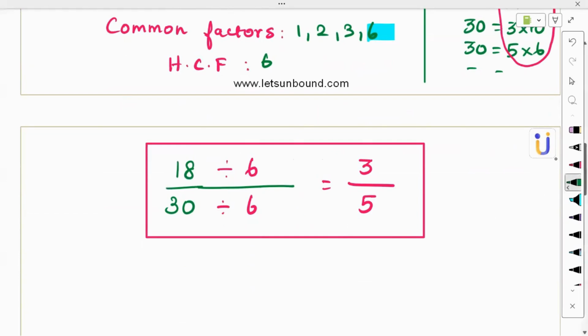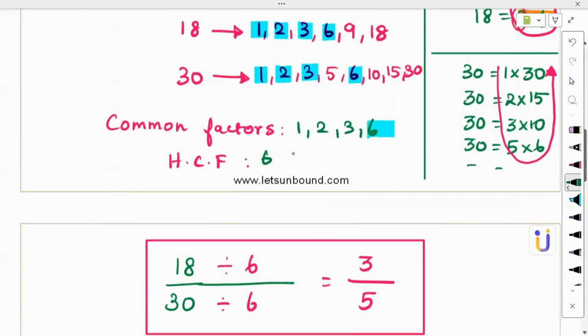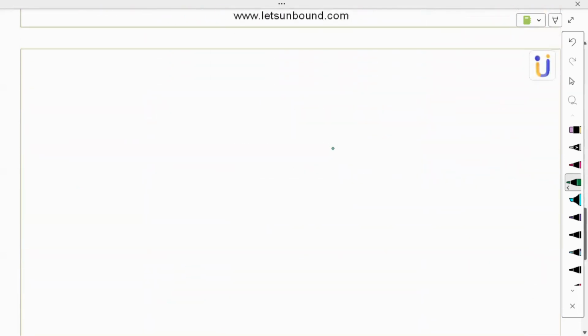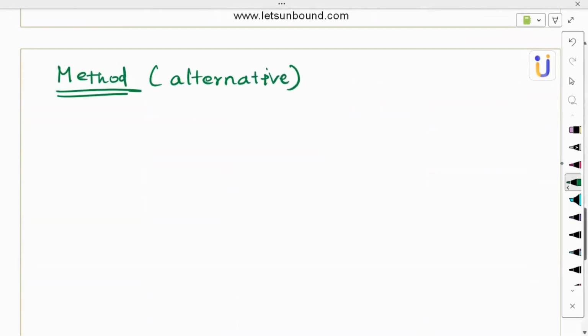But we have some short tricks too. Let's see how to do that. Same fraction, you can take it as method 2, or an alternative method. I have 18 by 30. Both are even numbers, so for sure both of them will be divisible by 2.